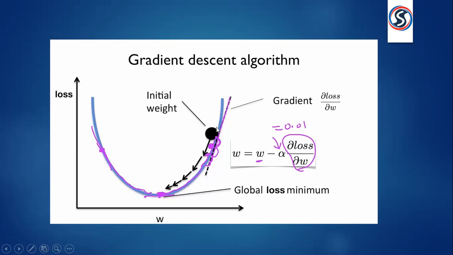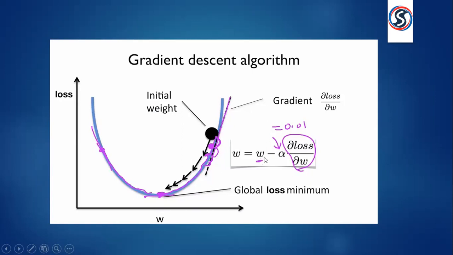Whenever, suppose this is my one initial point, okay, and we are giving the slope. So basically this point will come to my global minima. To update this theta1 value so that it will come to this global minima, we use this function.